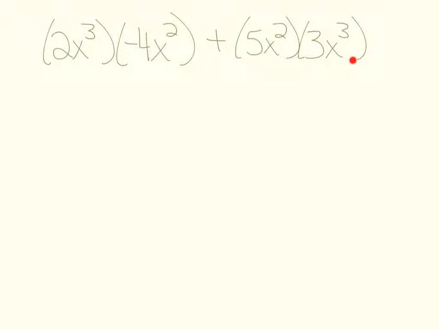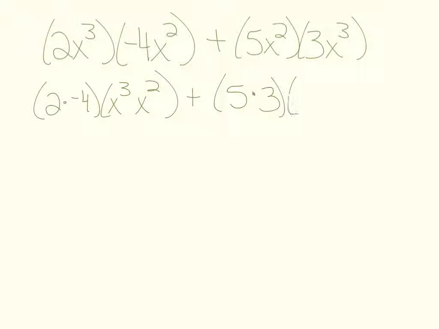We have to multiply before we add because of the order of operations. So over here, I'm going to group the 2 times the negative 4 and the x cubed and x squared. Then I have plus. I'm going to group the 5 and the 3 and the x squared and the x cubed.